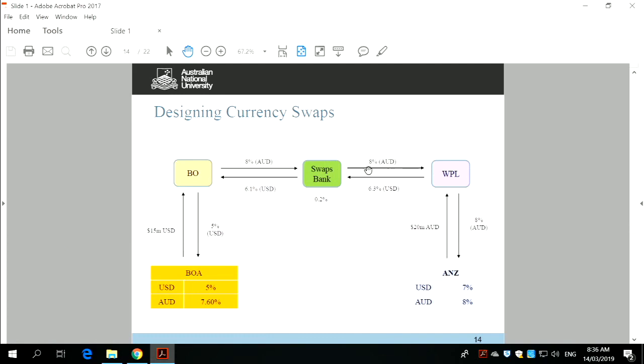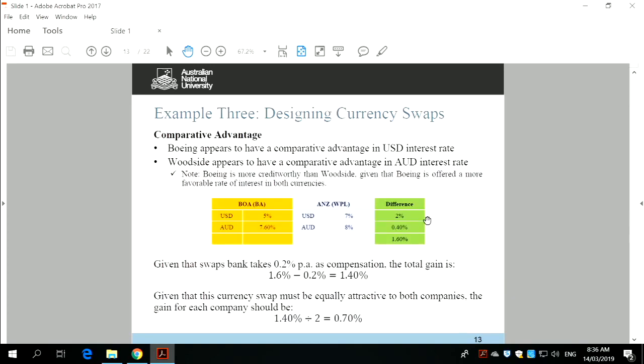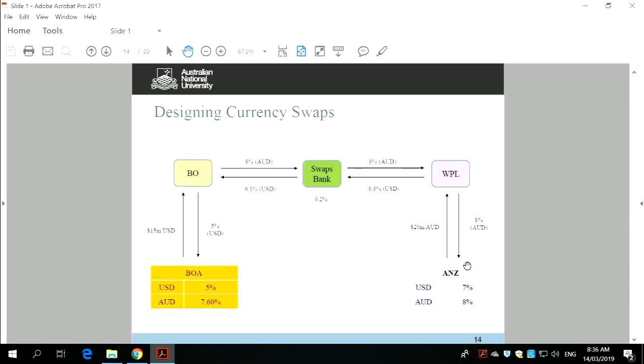So in and out, the Aussie dollar rate is cancelled out, right? Cancelled each other out. Now, how much should Woodside Petroleum pay the swap bank to be better off by 70 basis points? Well, the lowest possible US dollar rate that Woodside Petroleum is able to get is 7%, right? So 7% minus 70 basis points, that's 6.3%.